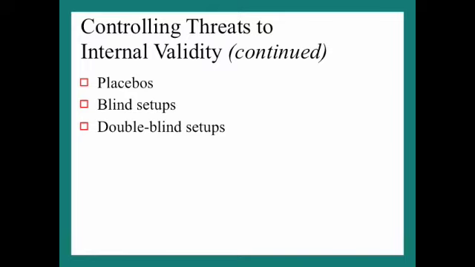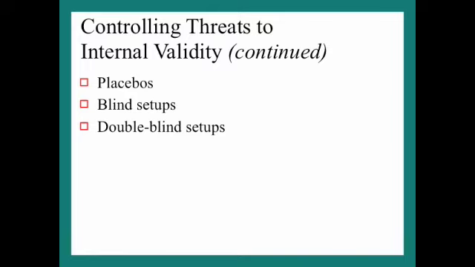At the same time, the experimental group is getting a real treatment. We've heard of placebos, you know, salt pills or sugar pills. You think you're getting something, but you're really not. And so both groups, or three groups or whatever, everybody thinks they're getting the same treatment, but one group of people is really not getting a treatment, but they think they are.